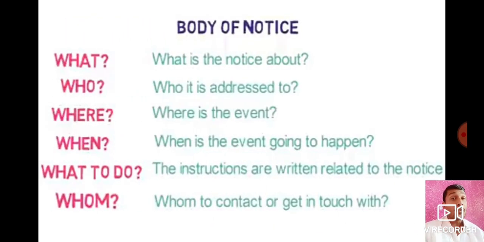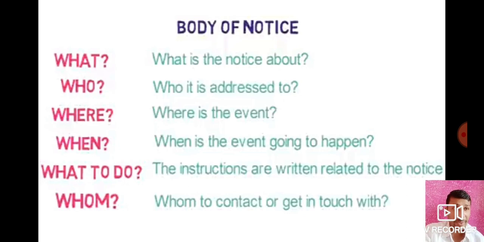But before that, we have to mainly focus on that 6W while you are going to write the notice. Which 6 W's are there? First one, what? What is the notice about? You have to make it clear. You have to write in a simple language but in a professional way. Who is going to address? Where, the place, venue.